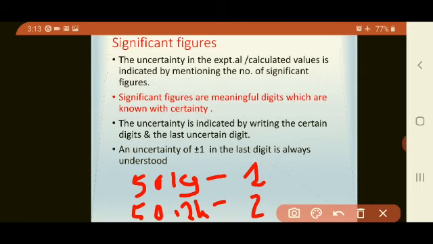Yes, both are accurate, no doubt, but it depends on the machine which is used. Means in both the readings, the one digit is certain, means here 5, value is 50, so it is nearby, right? The next digit is uncertain.